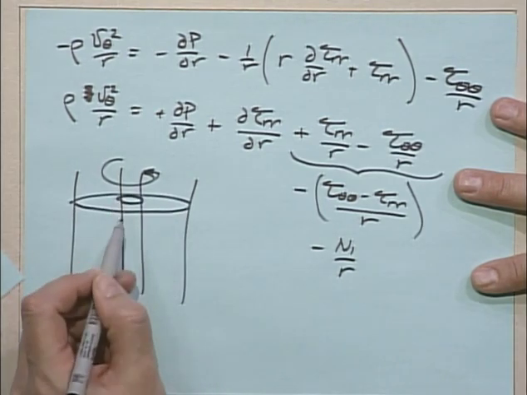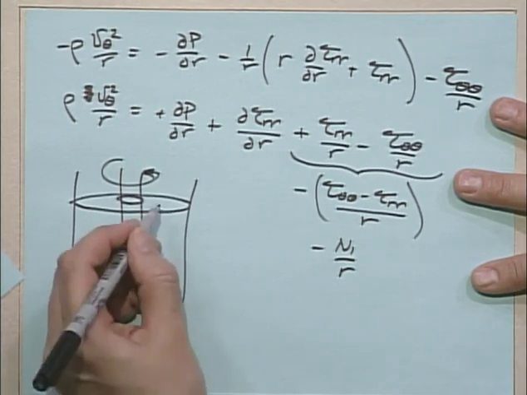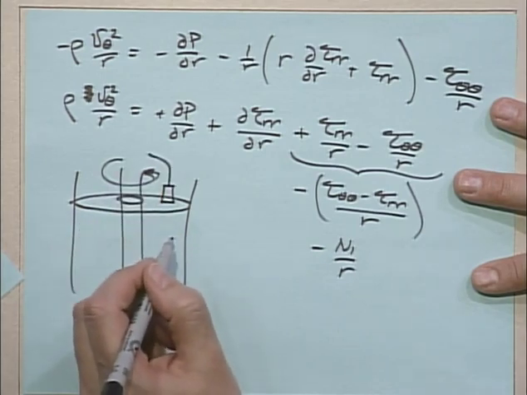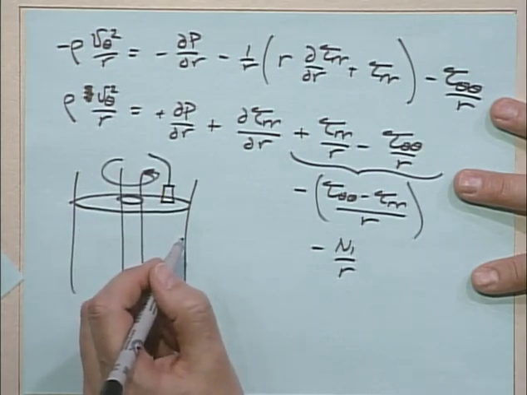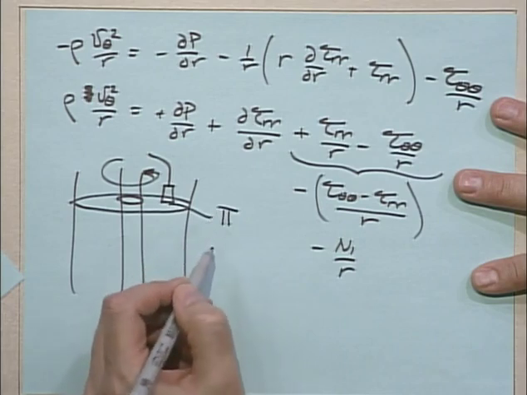If I put a lid on the top and measure the pressure all along the surface, if I put my pressure transducer on there, I would not measure P, right? I would measure pi. So what I'm actually going to measure right here is pi.